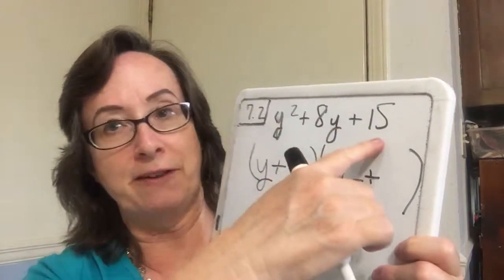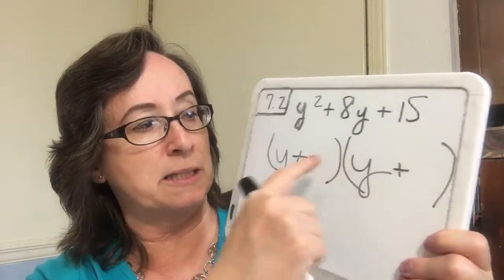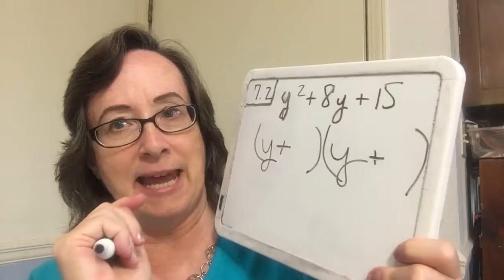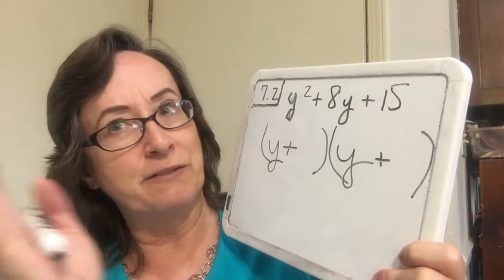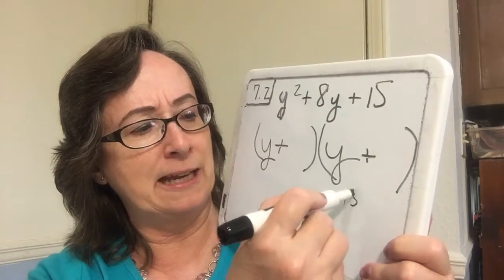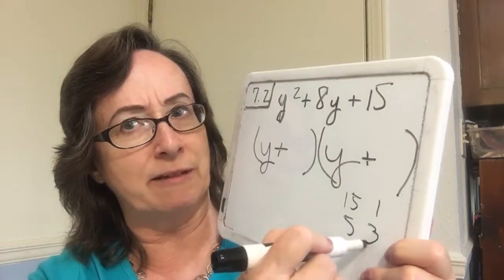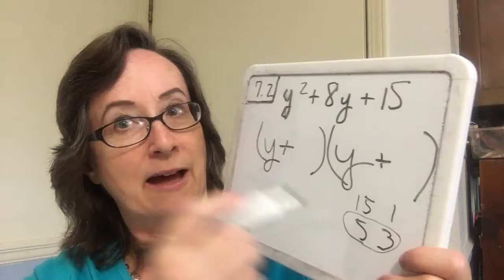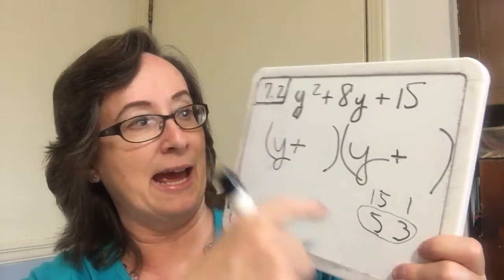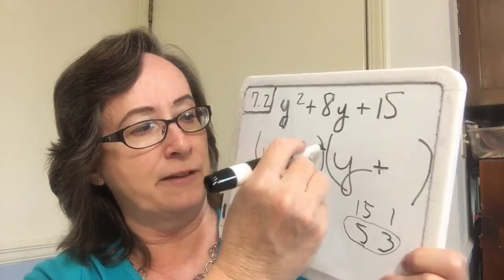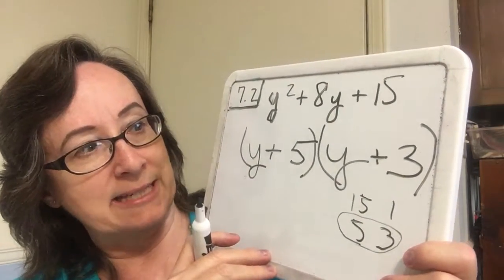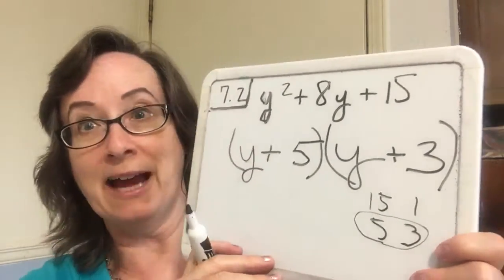So then I look at the 15, and remember, these 2 must multiply to 15, but add to 8, okay? So 15 is just 15 and 1, or 5 and 3 multiplied together. 5 and 3 is obviously going to be the one that's going to add to 8, so 5 and 3 will add to the 8. Okay, so we have it factored.